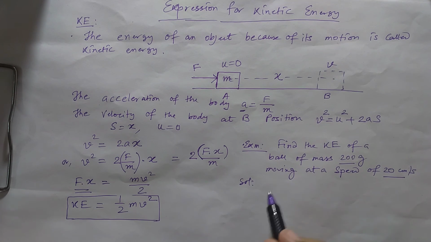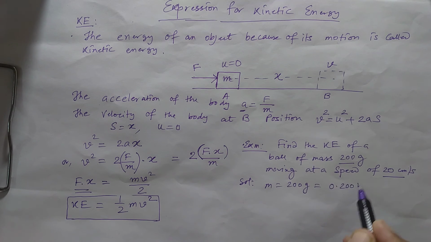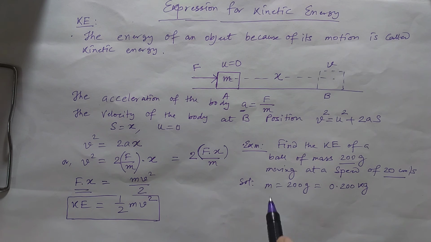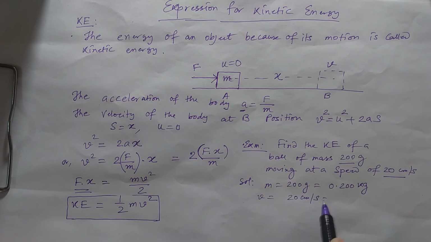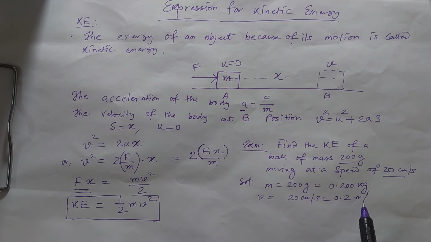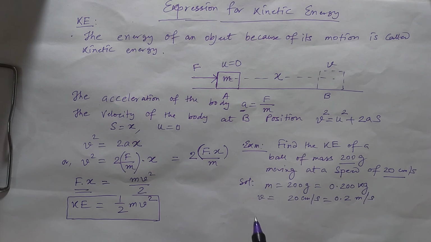So m is equal to 200 gram is equal to 0.200 kg, and the value of speed v is equal to 20 centimeter per second is equal to 0.2 meter per second. Now I'll put these in the formula.